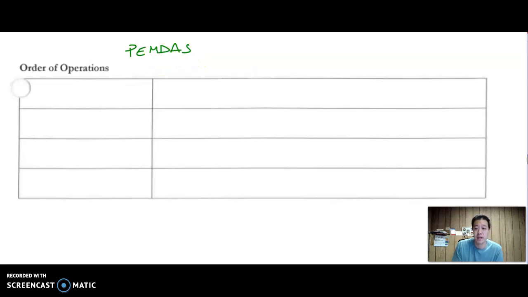One thing I want to clarify, because of this phrase, a lot of students think that multiplication comes before division. No, that's not the case. Both of these operations come before addition and subtraction. When there's only multiplication and division, we go left to right, and the same goes for addition and subtraction.